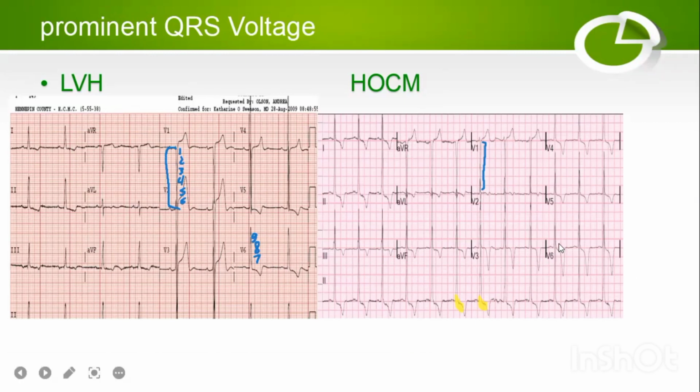Just count the large squares of the S wave in V1: 1, 2, 3, 4, 5, 6, 7, 9. It is 9 large squares, plus deep inverted T waves in V3, V4, V5, and V6, and ST segment depression in lead 2.